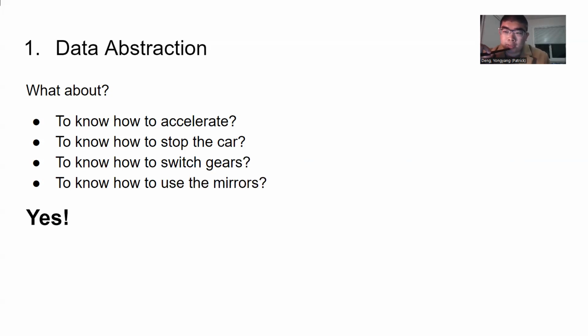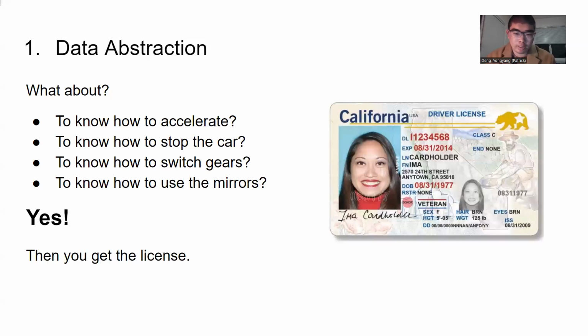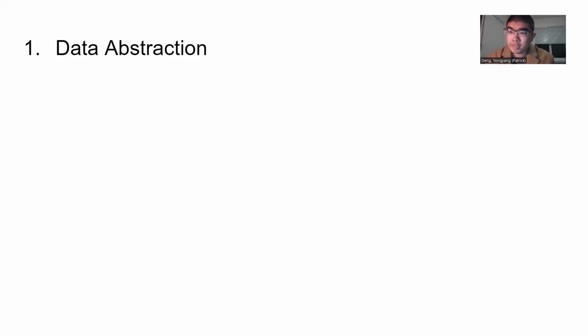These are the things inside your driving seat, the gears and the mirrors that you can use, and they are the tools. After knowing how to use these tools, you get the license so that you can drive.